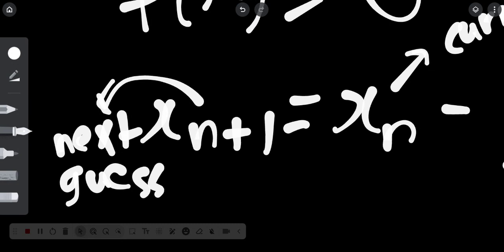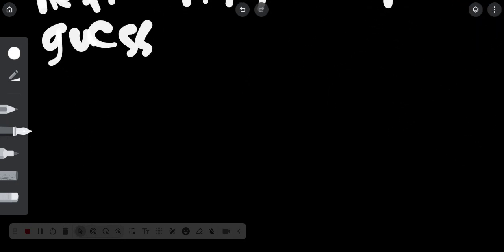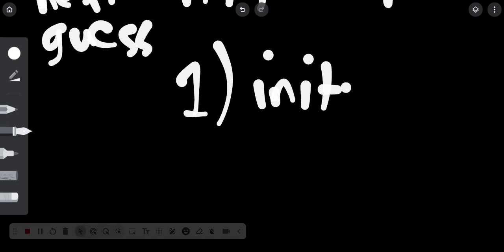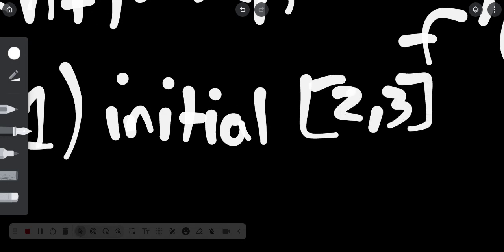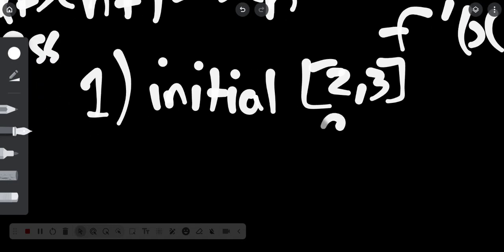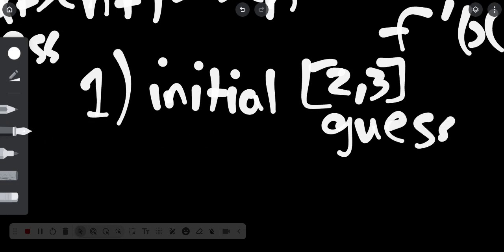So it's a step-by-step process. You begin with the initial guess. Typically you're given a domain, for example 2 to 3, and you'd choose, let's say, 2.5. But it really depends. That's your first step, finding your initial guess depending on the domain.